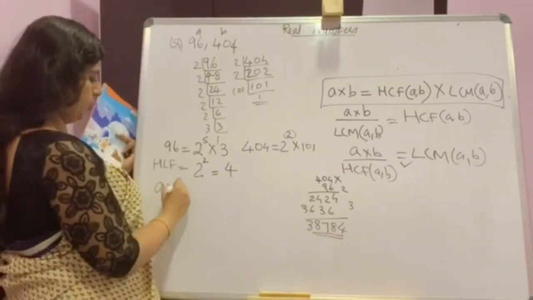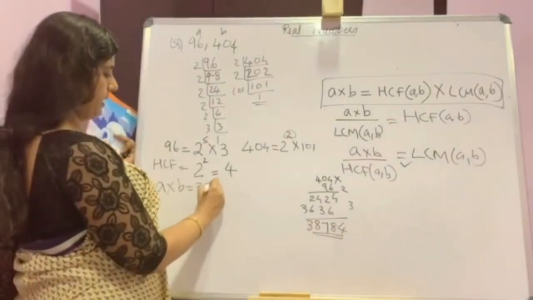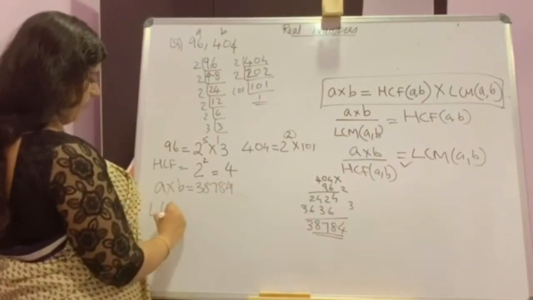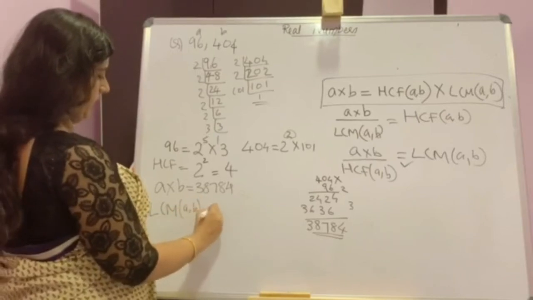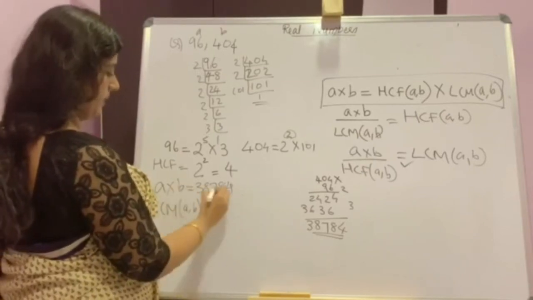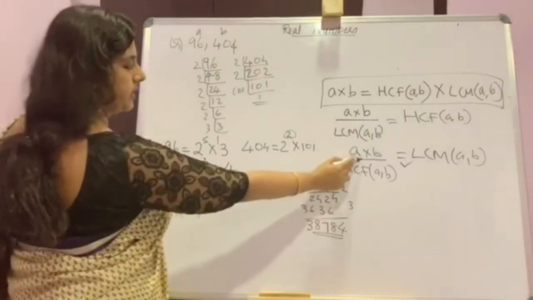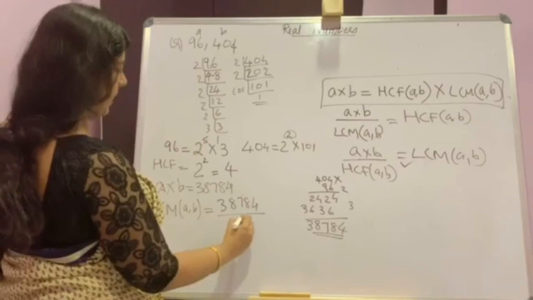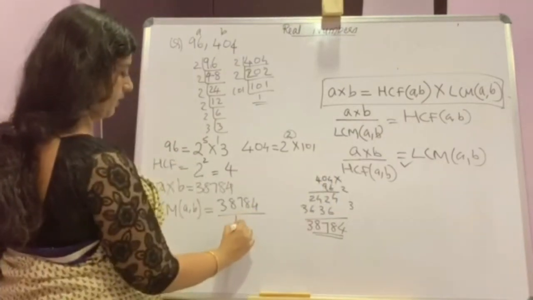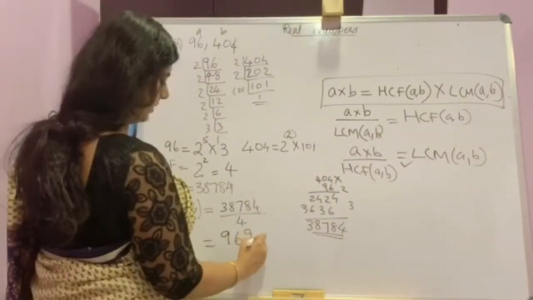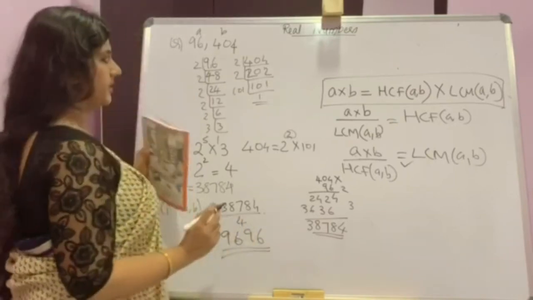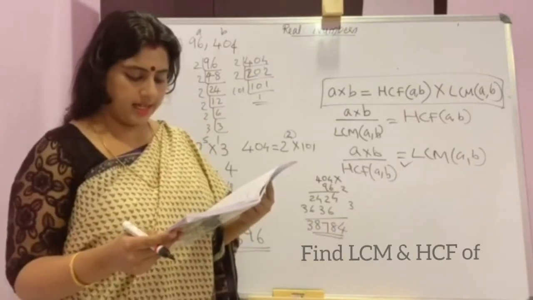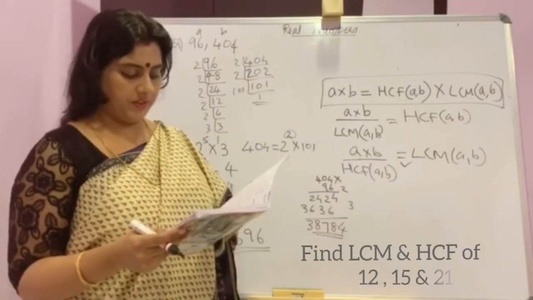That is A into B is equal to 38784. Now LCM of A and B is equal to the product of the two numbers divided by the HCF, that is 4. That gives 9696. This is the answer.